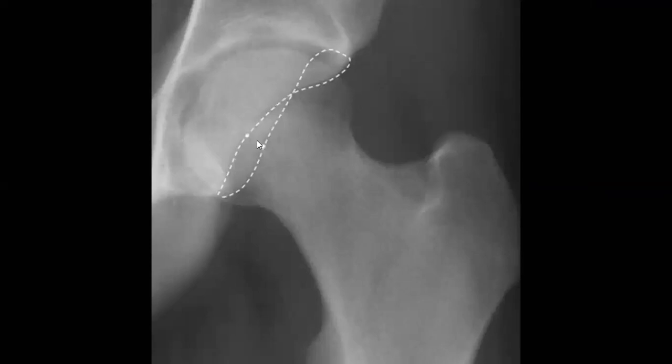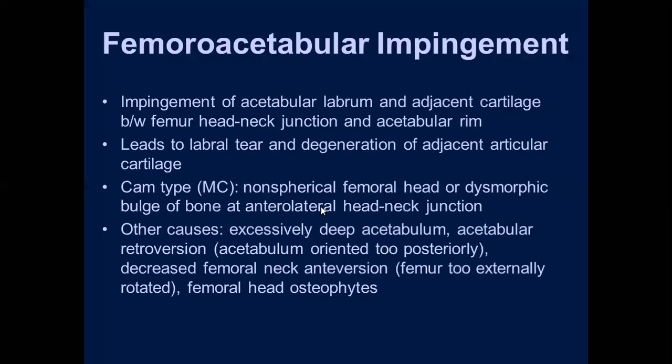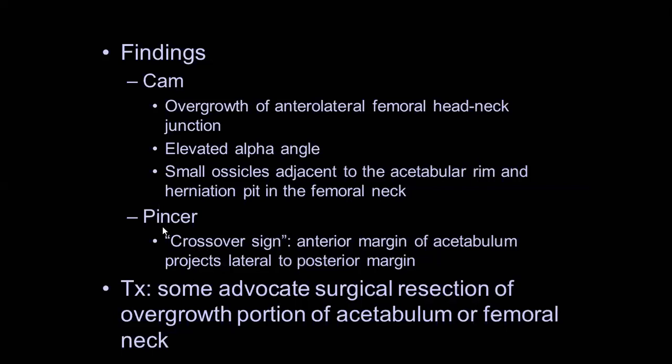Okay, so this is what is called pincer type. It is not cam type. And there is one type called mixed type, which is between both. Yeah. So this is what's called crossover sign, or cam type. So this one is the pincer type. We showed this case before, but in this one it is the pincer type.